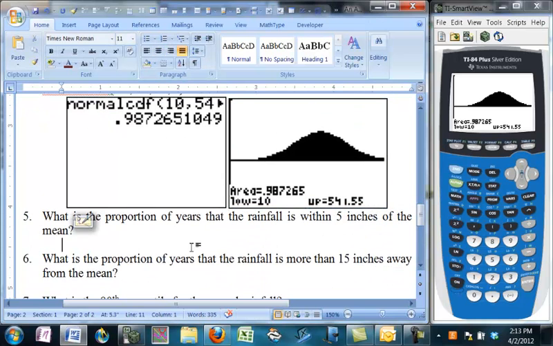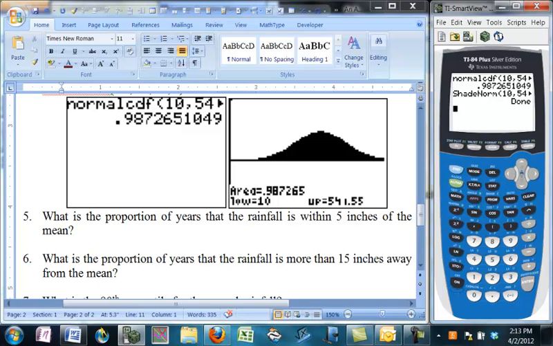What is the proportion of years that the rainfall is within 5 inches of the mean? Well, so let's see. Let me clear my drawing, and clear the screen, so we'll start fresh.